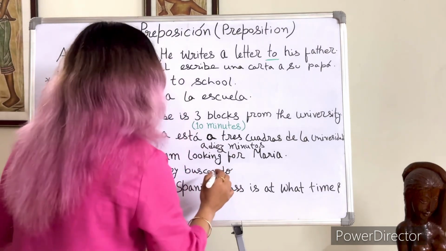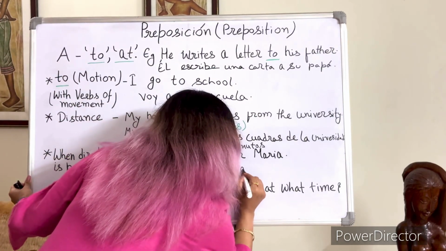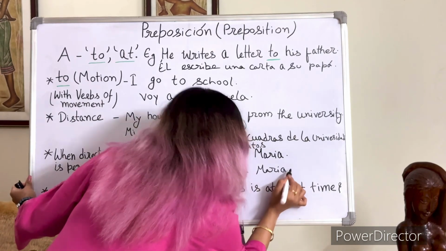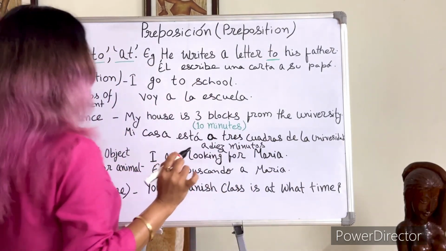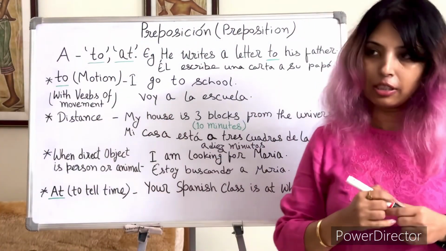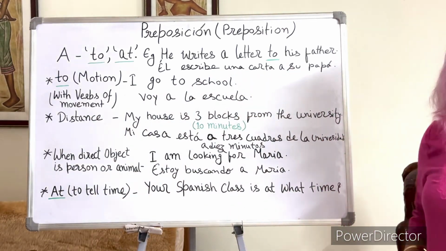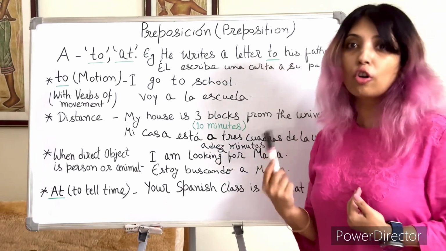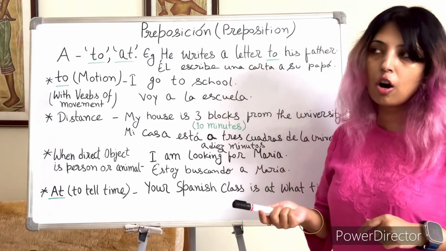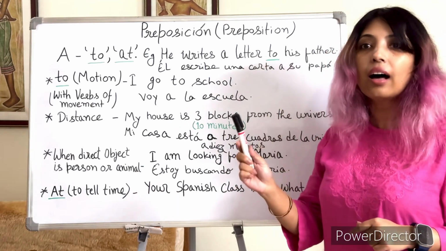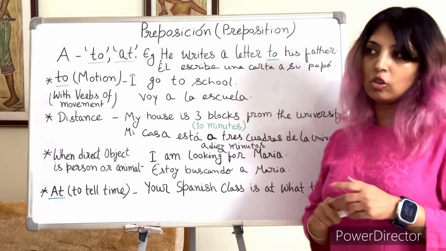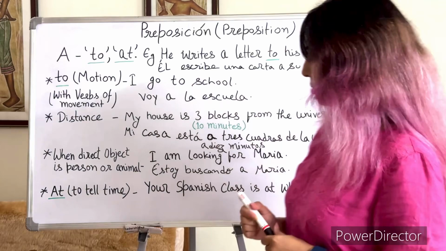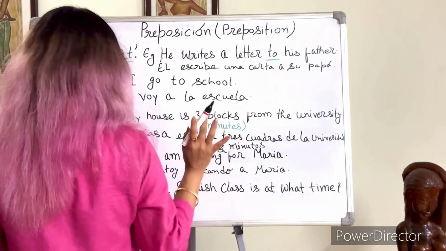Estoy buscando a María. Estoy buscando a María. Let's say if I want to say I know Ritika very well, in Spanish it would be yo conozco bien a Ritika. So a will be there. It is very important. So you have to remember this.